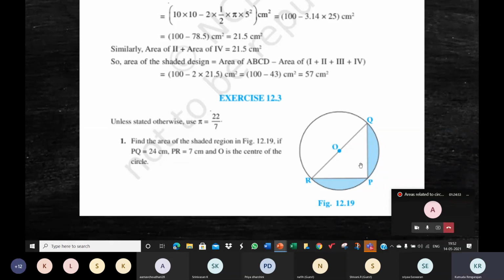All right. You don't have much to write. You just have to say angle in a semicircle is a right angle. That's it. And say therefore angle RPQ is equal to 90 degrees. How do you make out that this angle is 90 degrees? So this is a semicircular region. Point P is a point on the semicircle.